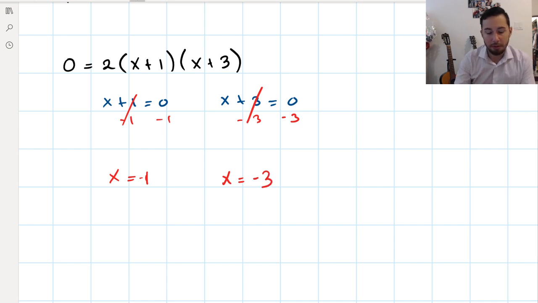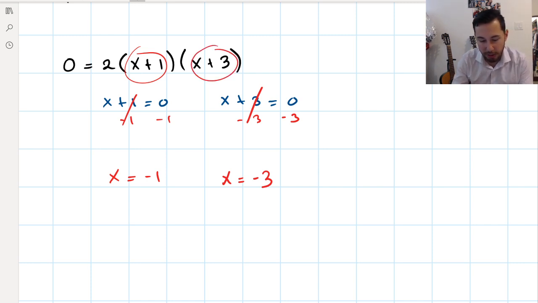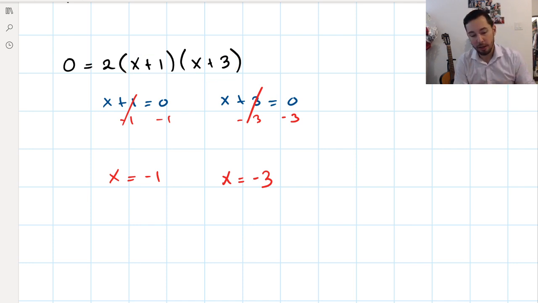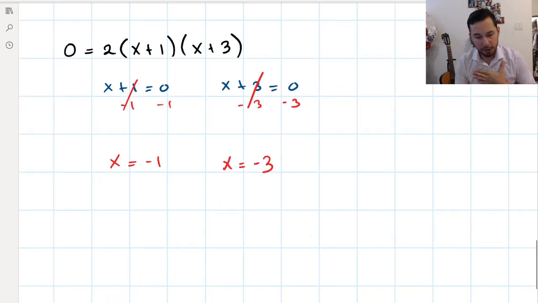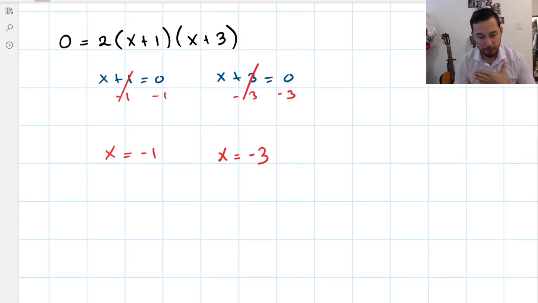And again, Mr. Correa, you could have just said that x in here was positive 1, so I took it outside and it became the opposite, and x in here was plus 3 and it just became the opposite. And yes, that is fine. You can do that. You always take out the number and it becomes the opposite, but for the sake of teaching, I need to show you where those numbers actually come from.